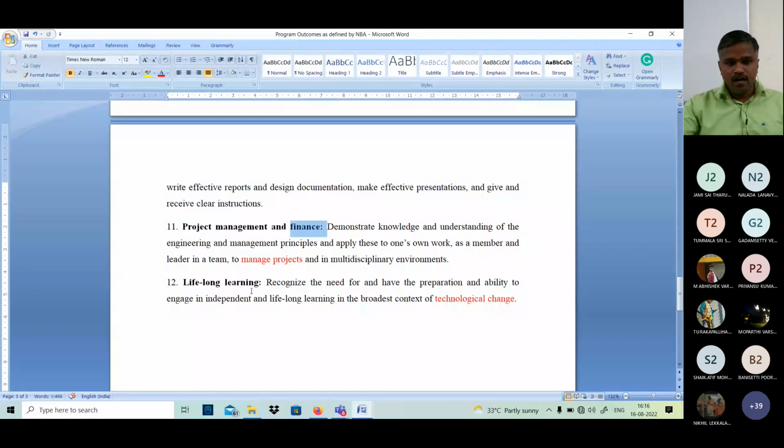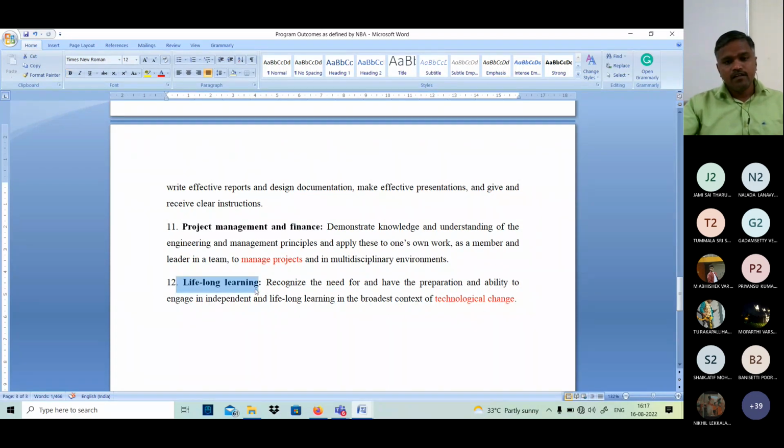Suppose you are a team of five people, you have to allot the work to each and everyone. That is the management, managing the work. After that, if there is any fund you are allotting, that should also be allotted effectively. You have to manage the fund. That is project management and finance.